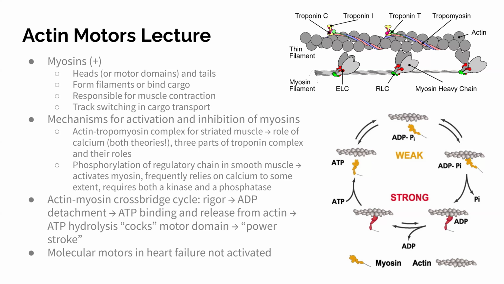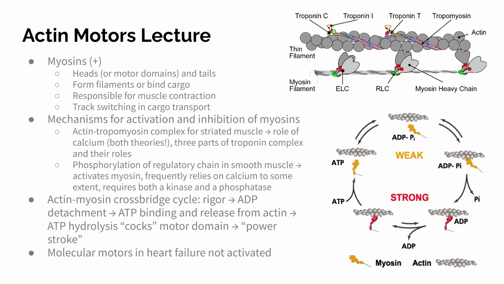It can help to know the more specific structures, so the dyneins will have that cargo binding tail, and then they have a ring, and then they have a stop. Function is more important than structure, yeah, so you'll know the structure in how it is important for the function.